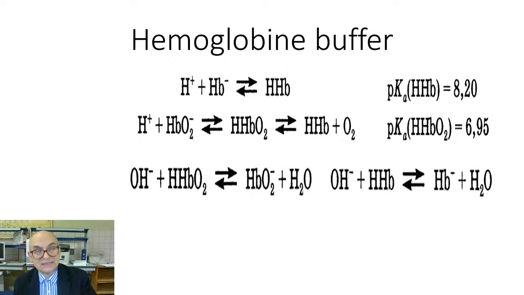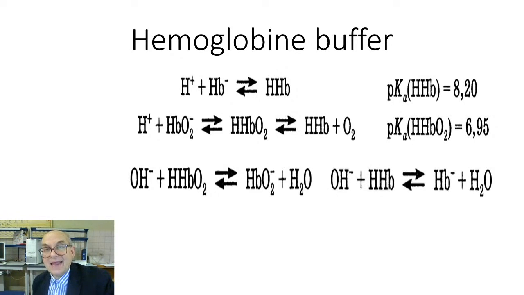Hemoglobin itself is labeled as HB in the first line. But the presence of the oxygen in the oxyhemoglobin will result in change of acid-base equilibrium.